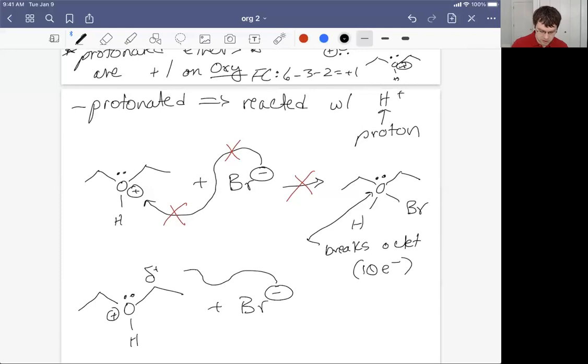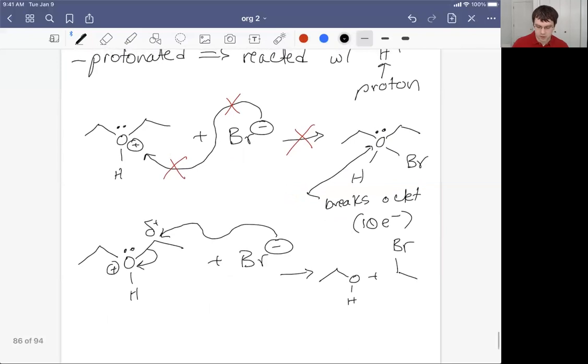And so it's probably tugging on those sigma bond electrons even more strongly. So what we're going to do is engage the carbon next door to the oxygen and push the electrons onto the oxygen atom to give us this structure.